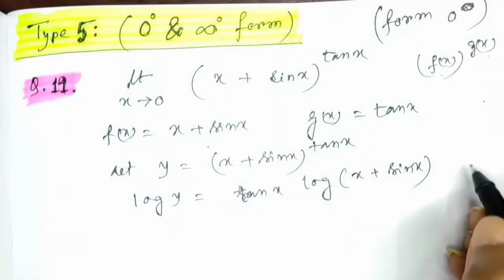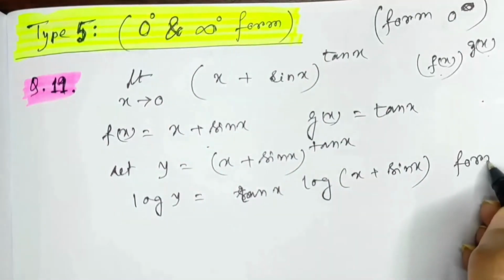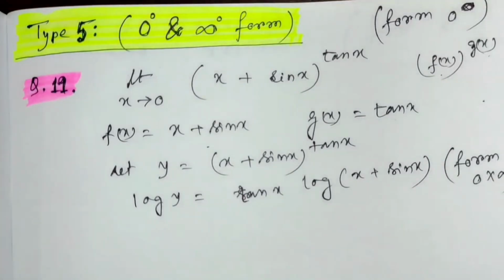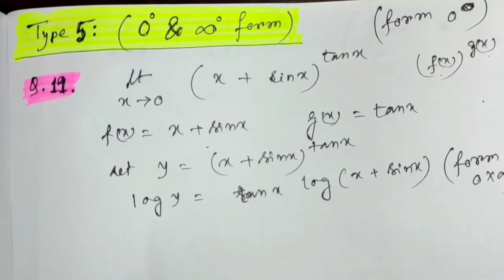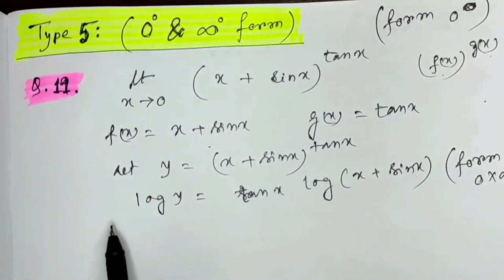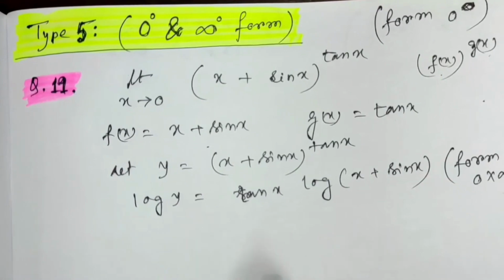So this one is in the form of 0 cross infinity. So this is the indeterminate form, and we know if we have the form 0 into infinity, then how to solve it. So at first we solve this function, and after completion of the solving, we take the antilog to find out the value of y, and hence we will get our desired answer.